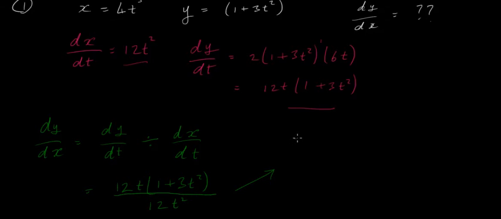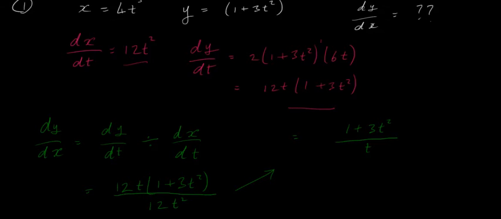So that's going to be equal to, well, the 12 will divide into 12 to give me 1. This t will divide into this t squared to give me t on the bottom. So I'll just end up with 1 plus 3t squared on the top, and on the bottom just t. Yeah, 1 plus 3t squared divided by t.